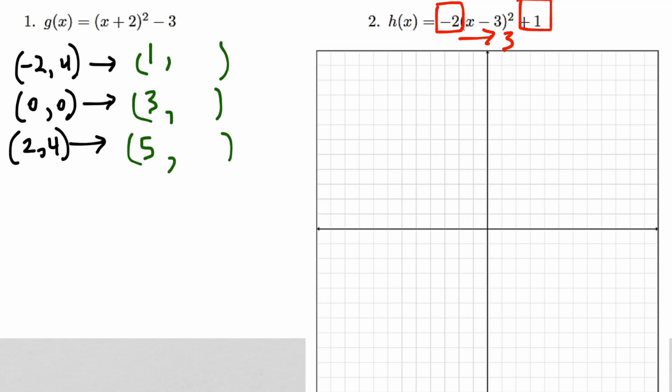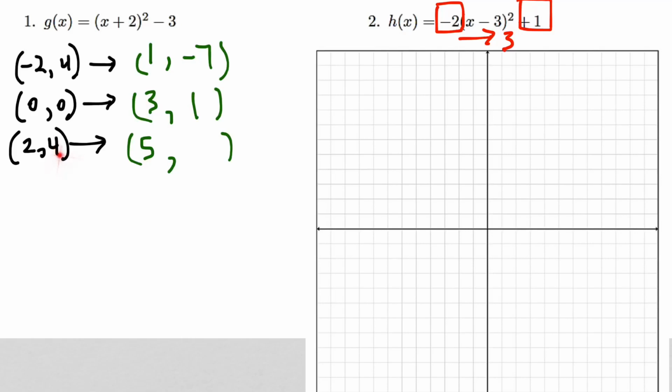And then for the y coordinate, we're going to multiply by negative 2 and add 1. So we've got 4 times negative 2 is negative 8. Negative 8 plus 1 is negative 7. And then for the second one, we've got 0 times negative 2 is 0. 0 plus 1 is 1.